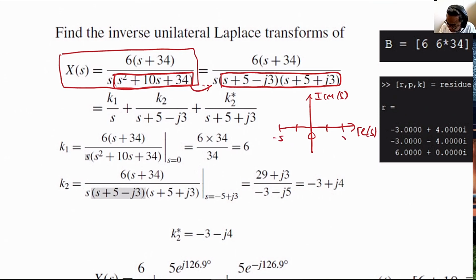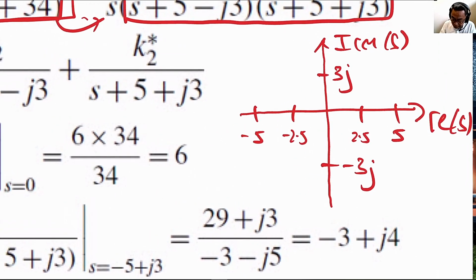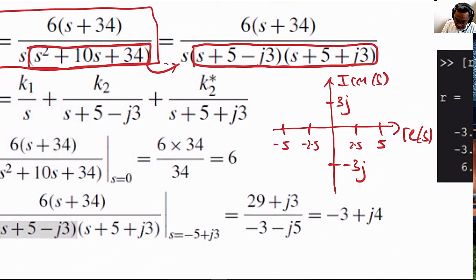This is plus 5. Then this is 2.5, this is minus 2.5, and let's say this is 3j, and this is minus 3j. So we have this as the real line, this as the imaginary line. Let us find where this guy is.